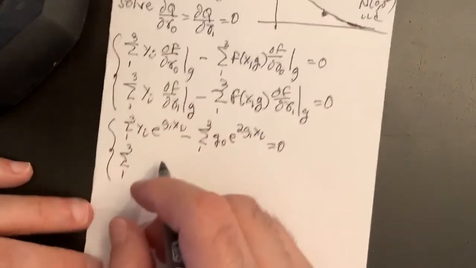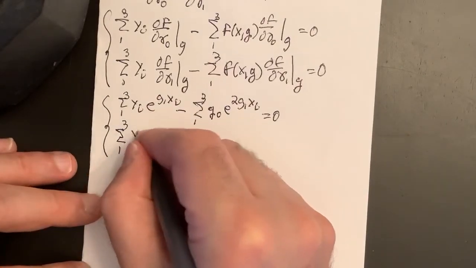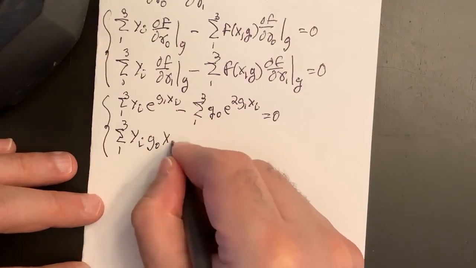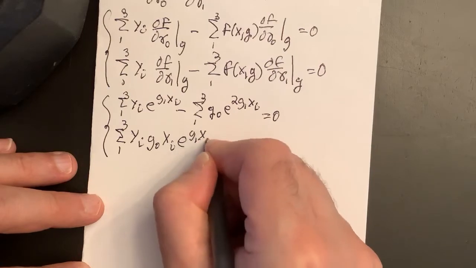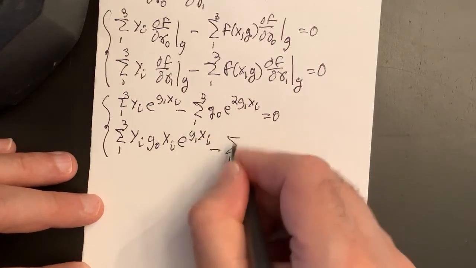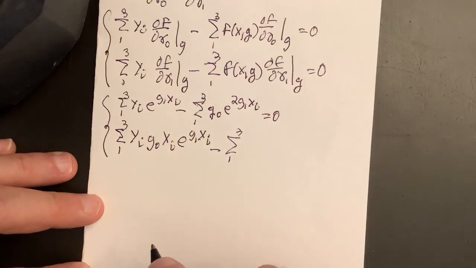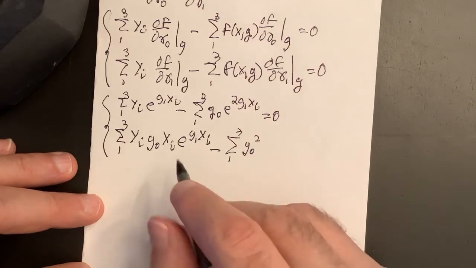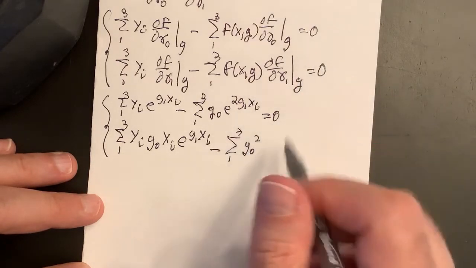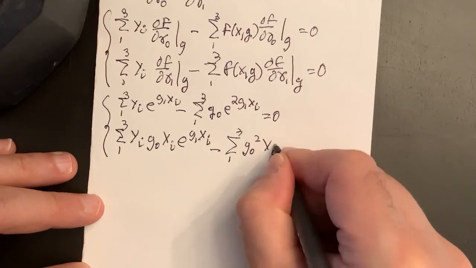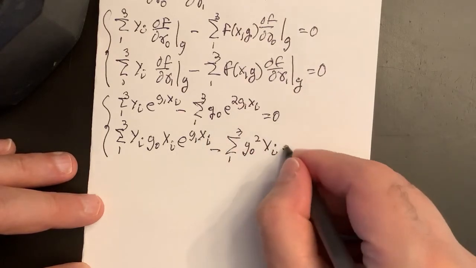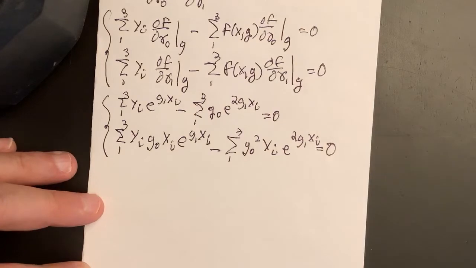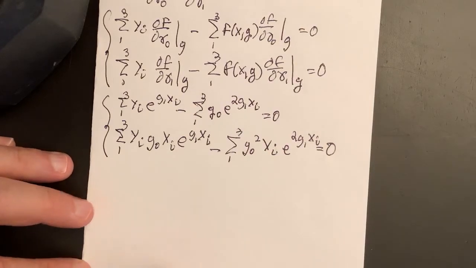So we get the sum of yi g0 xi e to the g1 xi, minus the sum 1 to 3 with the whole function, so I have g0 squared, and I have e, and I have my xi. And again I have 2, so I have e to the 2g1 xi, equals 0. I think you should believe this. So we have to solve these both.